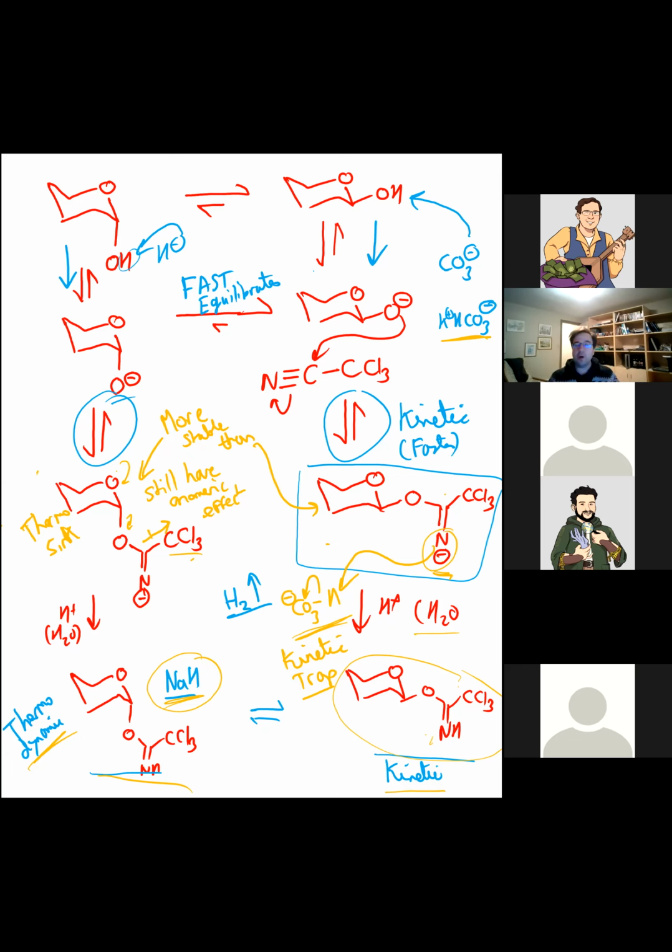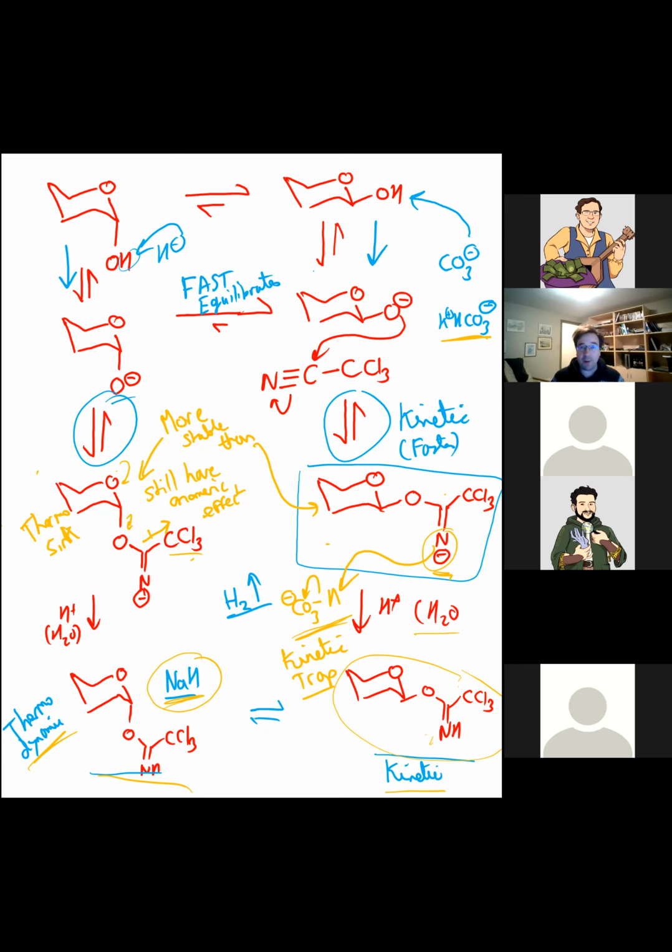But the words aren't properly describing reality. Using the terms kinetic for a process or thermodynamic for a process doesn't really explain the process, because there's a lot of steps in there. We almost have to talk about whether an individual option that a reaction has at a given point is a kinetic choice or a thermodynamic choice. I'm not testing on this.